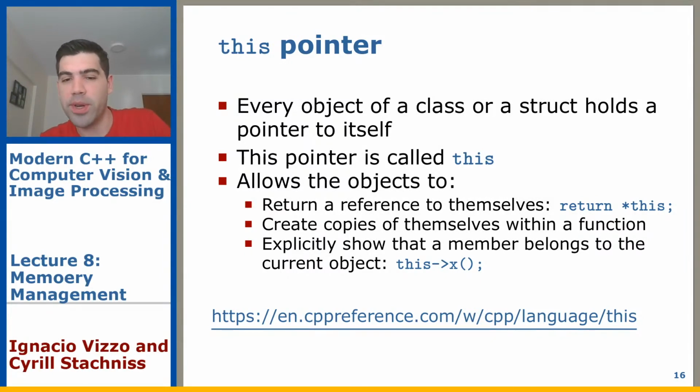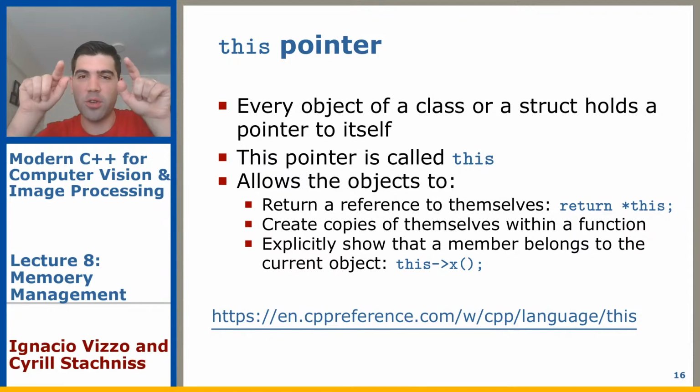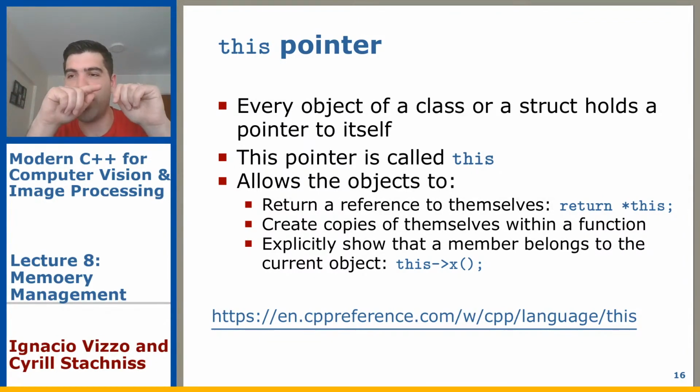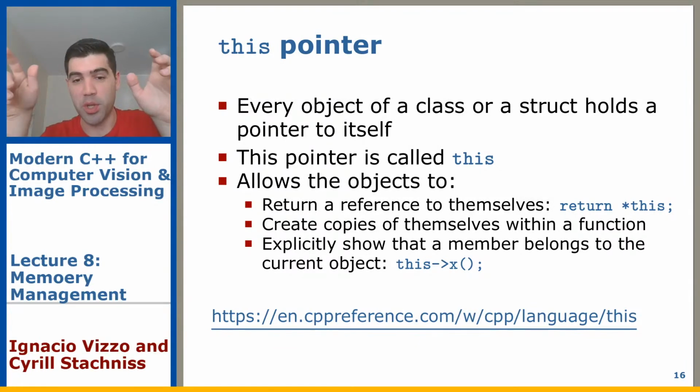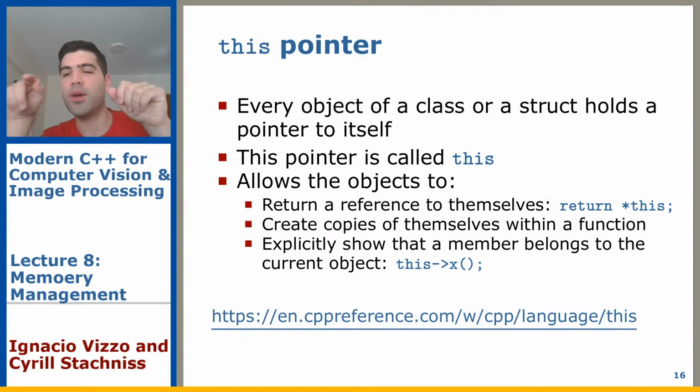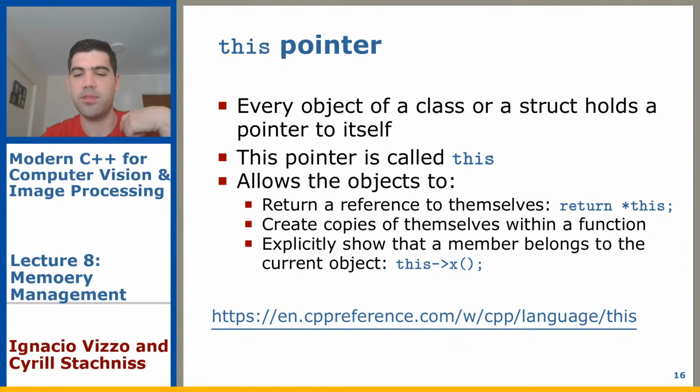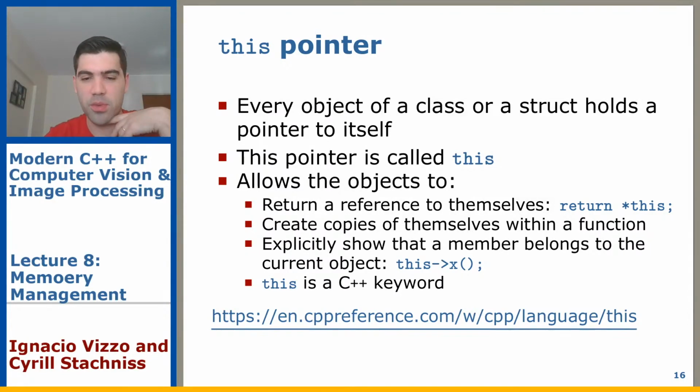Also, if you have this x variable and you write a set method, maybe you want to use the same name for the argument of the setter. But then x equals x will not compile, and that's why you do this x equals x, which is the other one. So something like this you can also do.